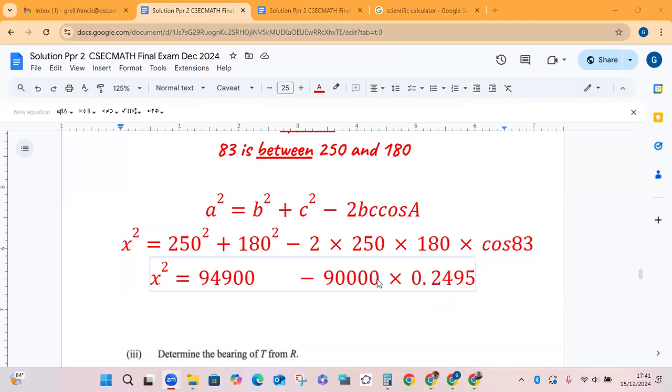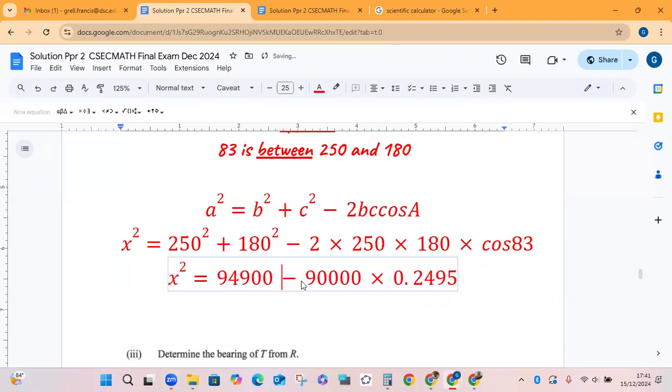This is why you should be able to type this straight off in your calculator, because the calculator knows about PEMDAS or BEMDAS, however you want to call it. If we're doing it step by step, let's do 90,000 times 0.2495. But you can type in your calculator 94,900 minus 90,000 times 0.2495, and you'll get your answer right away to save time.